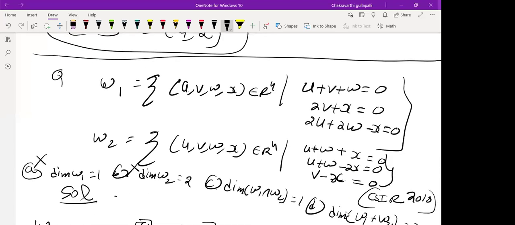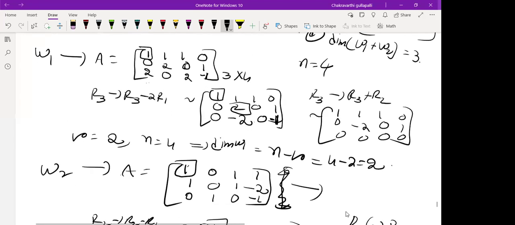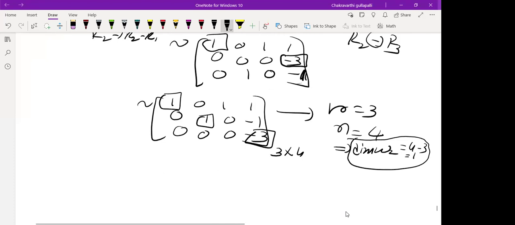Now we have to go for intersection. Intersection means which conditions of W1 and W2 two conditions satisfy. So what will be intersection?